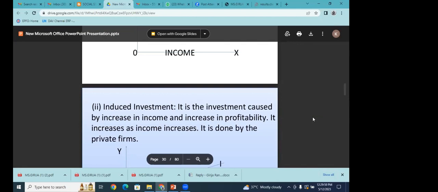One is the AD equals AS approach, another is the S equals I approach, then the Keynesian multiplier, then excess demand, that is inflationary gap, how to correct it, then deficient demand or deflationary gap and how to correct it. These are the important topics covered in this chapter. Next class, we will go on to these important topics.